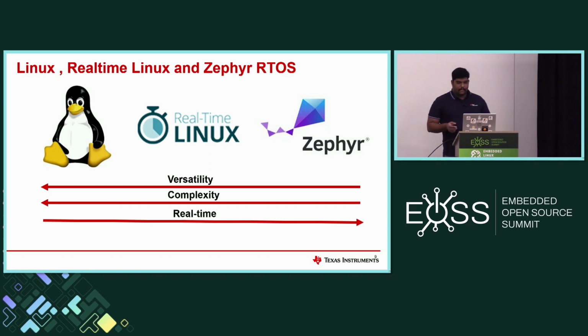Zephyr is much simpler, and even though it's not as versatile as Linux, it provides the necessary subsystems, like we discussed, to implement complex use cases like networking, graphics, display, USB, and so on. Also, the device drivers used in real-time Linux are exactly the same as what you have for vanilla Linux, so you might not have thought of a proper real-time implementation for your device drivers.